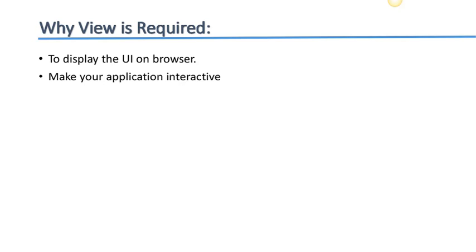So if you want to apply some CSS, Bootstrap, then the view is required. And the view is responsible for using the client-side framework, like Bootstrap, AngularJS and React.js and so on.